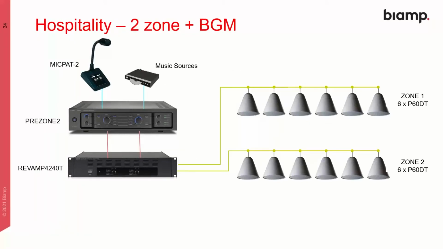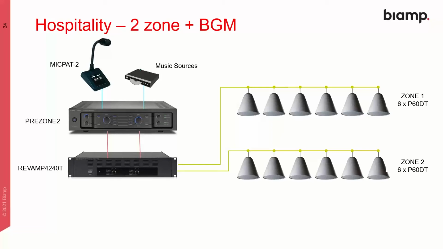A real simple solution using centralized processing. Everything on the left side of this graphic is going to be in the main rack, and then you have loudspeaker cables going off to the two zones to the loudspeakers. We simply have a pre-zone 2 preamplifier, which accepts the mic pad 2, so that's the audio signal from the mic pad 2, plus the two logic connections. It also has either a single or multiple music sources.